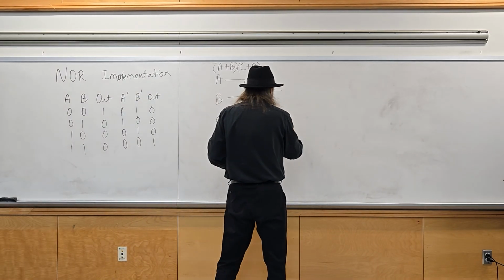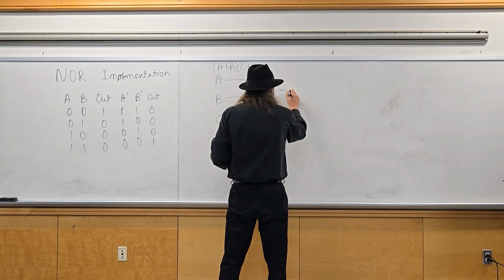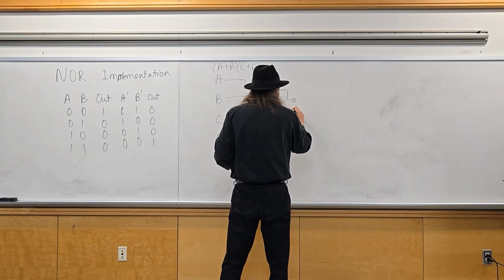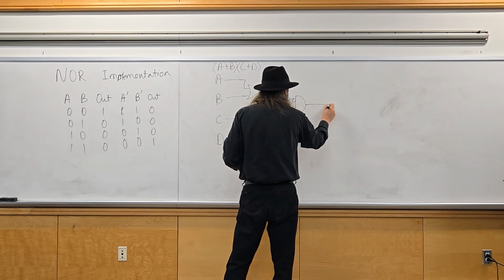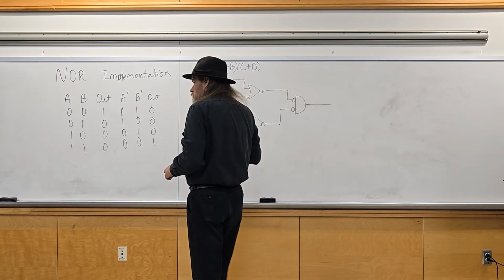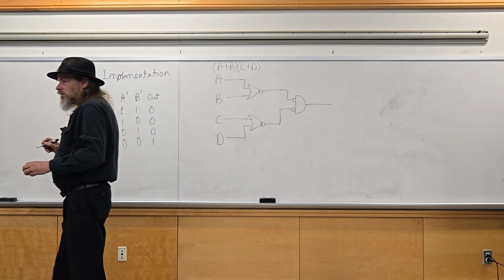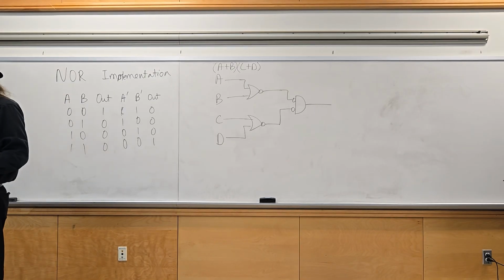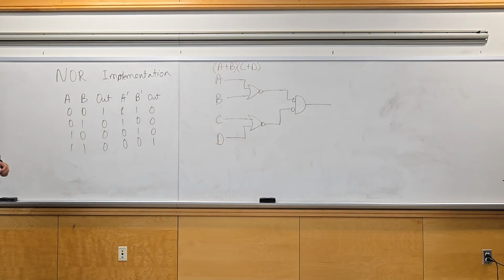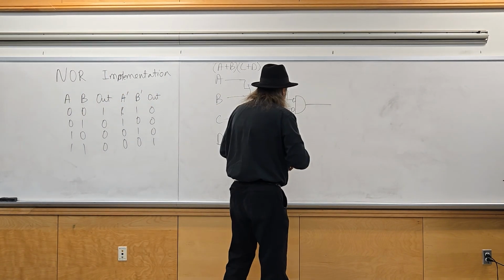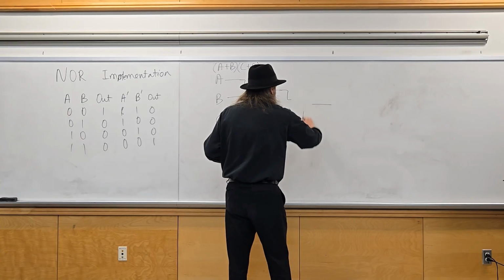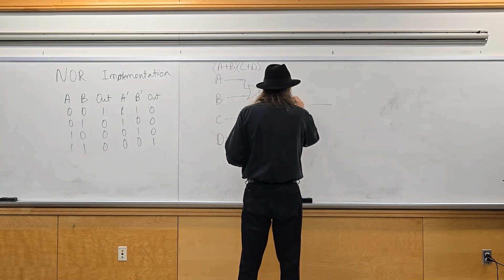So to go to an AND gate, you would need to invert the inputs to cancel out the inversion of the outputs of the OR gates. But this, as I showed just a few minutes ago, is the equivalent of a NOR gate.